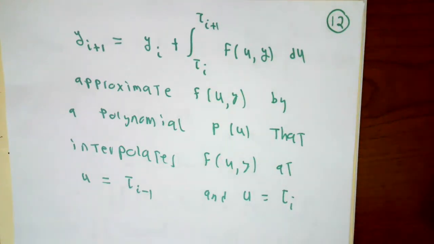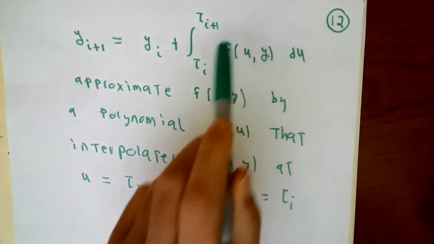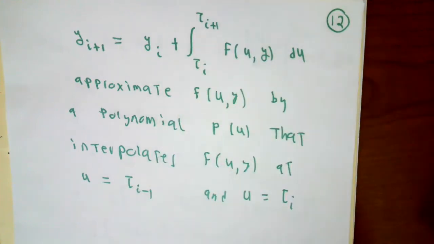What we'll do is we'll find an interpolating polynomial that gives the same value as f does when the time value is ti minus 1 and ti. And in this integral that we have to do, we will use the polynomial instead of the unknown actual function. And this is how we will approximate this.